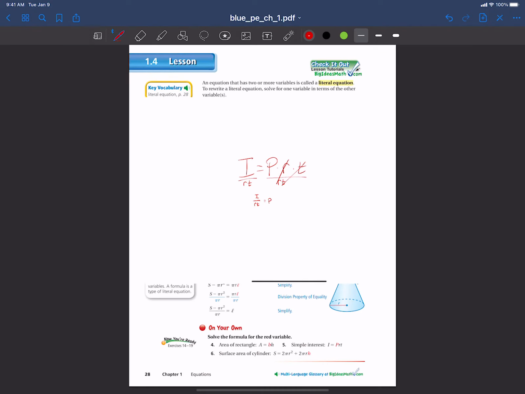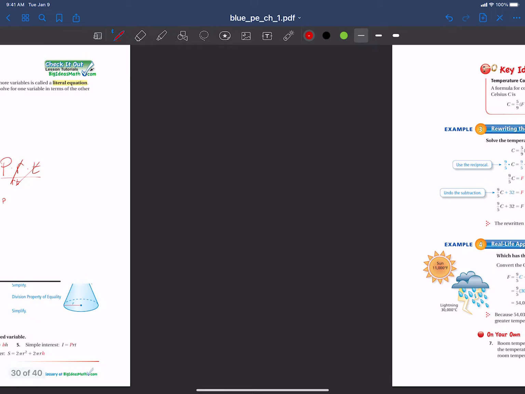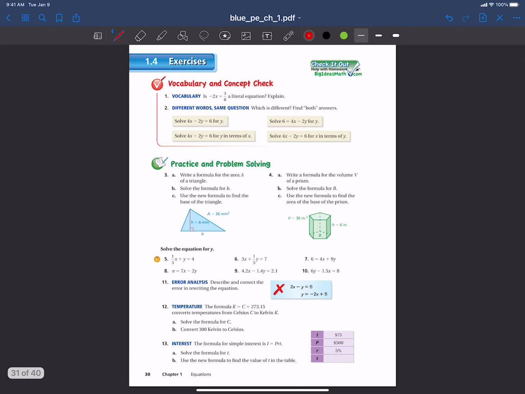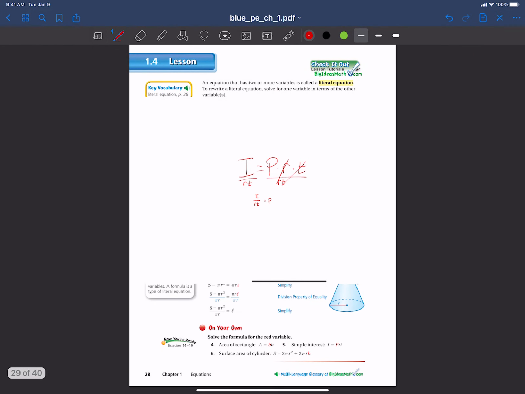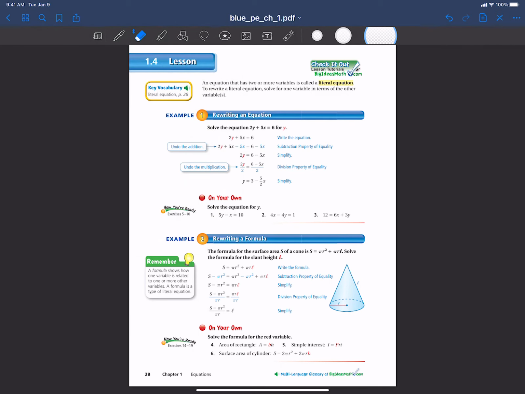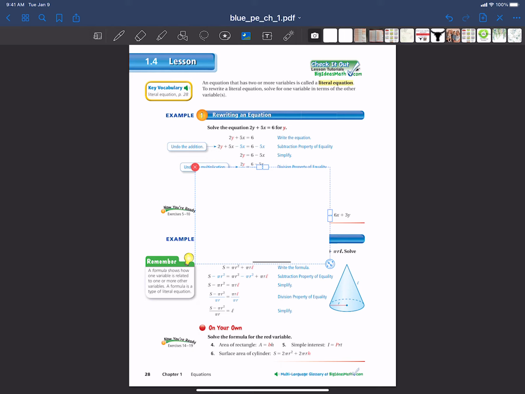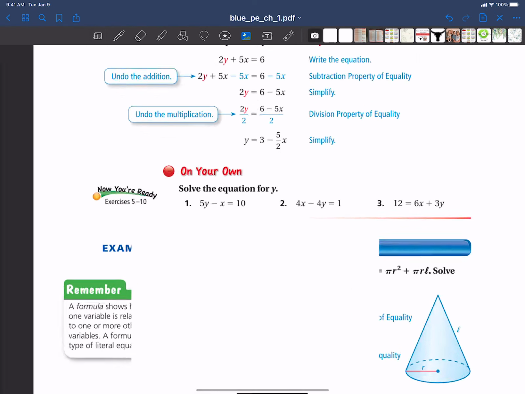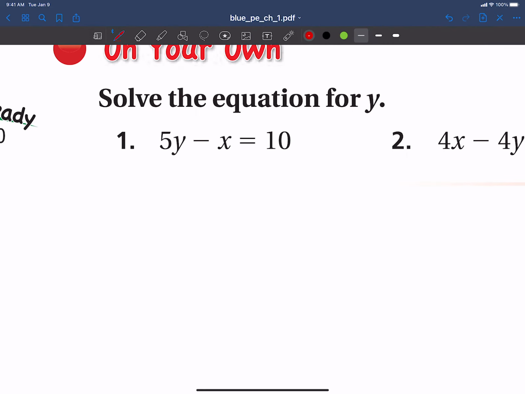Okay? Now, those are great for when we're just solving for formulas, right? But now what if we put real numbers in there? Let me find a good example. Let's do number 1 right here. Here's how this is different than what we've been doing. What we've been doing only has one variable.